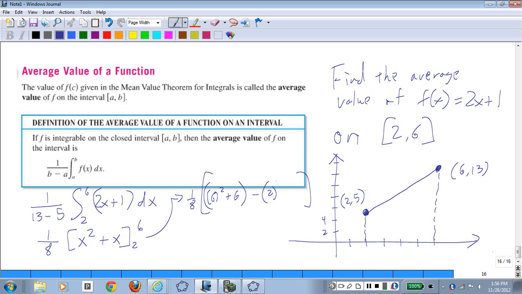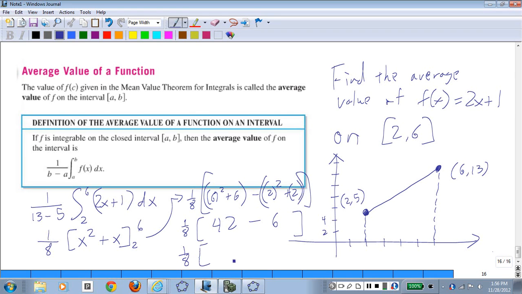Minus 2 squared plus 2. So it's 1/8 of, 36 plus 6 is 42. So it's 42 minus 6.